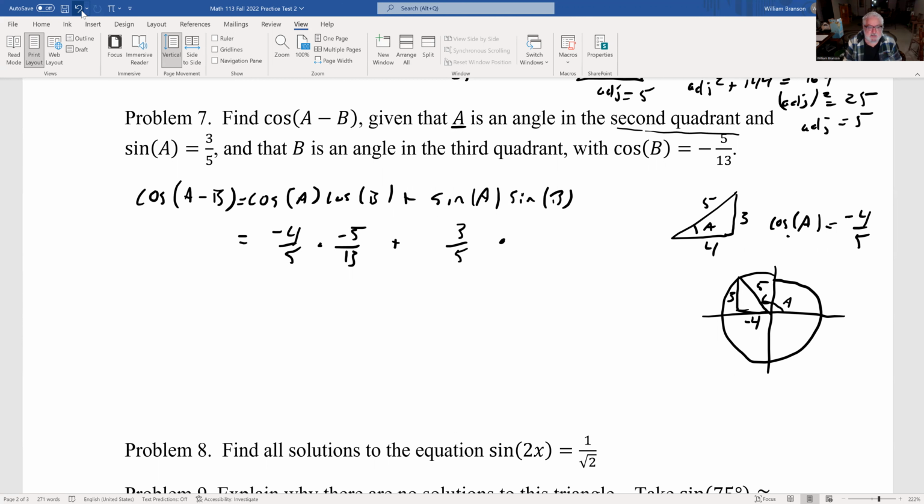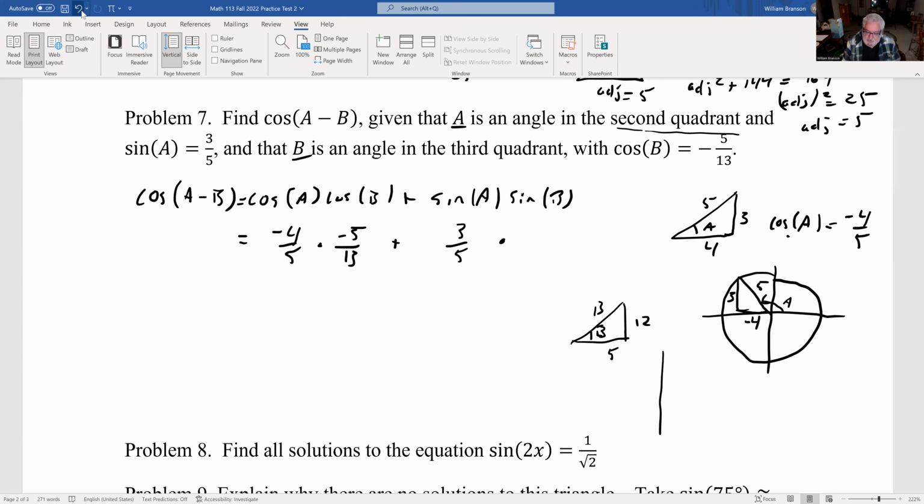What about sine of B? Well, same kind of thing, right? B is an angle in the third quadrant, so we can build a triangle. Here's angle B. Cosine of B is 5/13. This is supposed to be a B here. And that means this other side is 12. It's the same triangle that we had above.